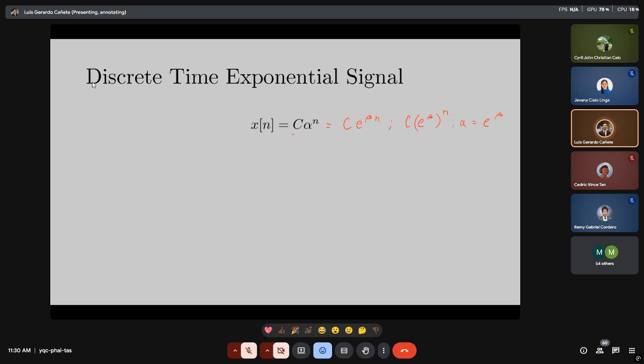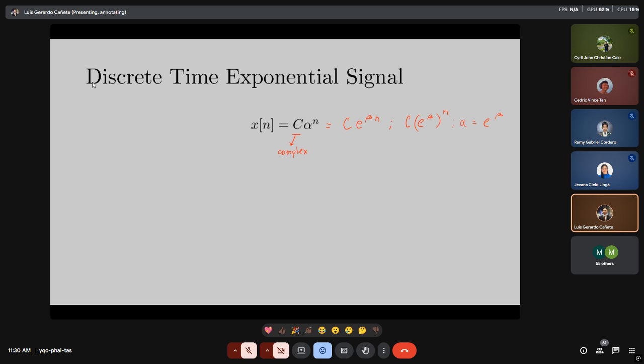Let's say c is still going to be a complex number, and alpha can have many different possible values as well.